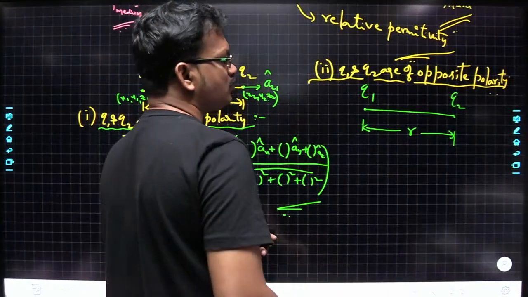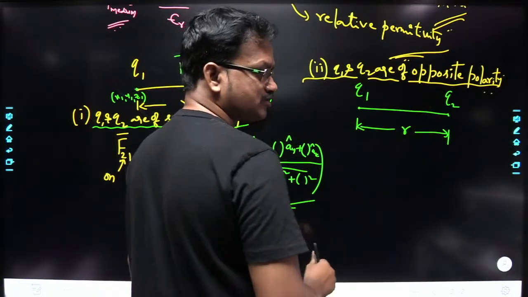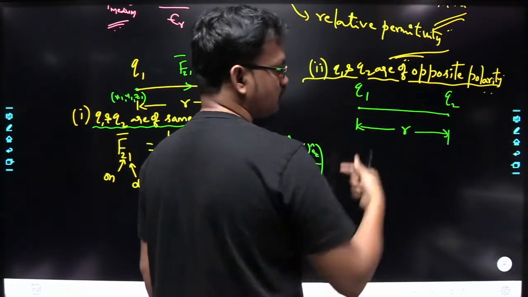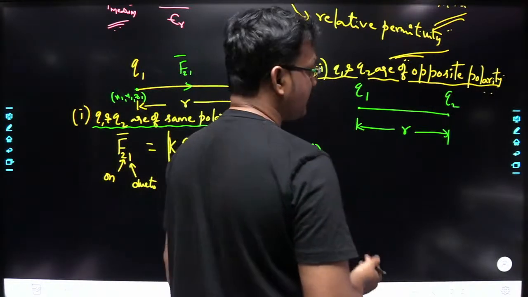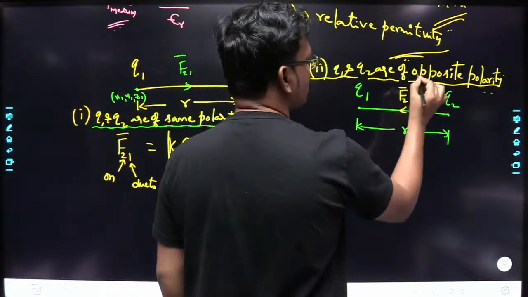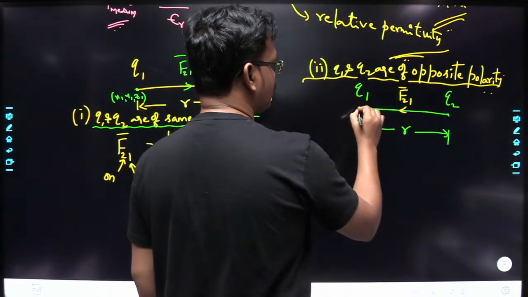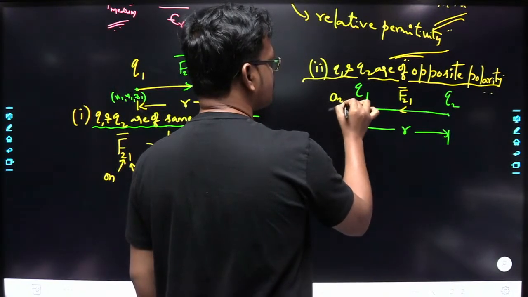So if Q1 and Q2 are of opposite polarity, in which direction is Q2 going to experience the force? Towards Q1. Yes or no? The force on Q2 due to Q1 is going to point in this direction, so you have to represent the unit vector in this direction.